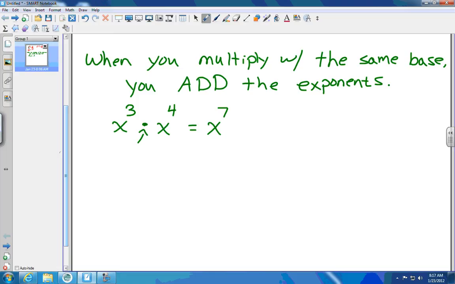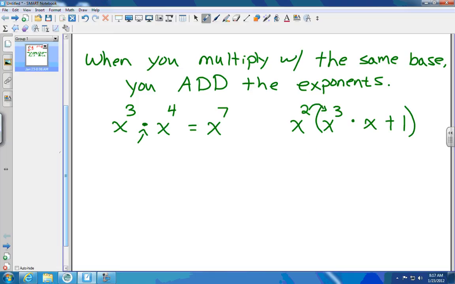Now this is a very simple example here. You can see that x to the third times x to the fourth, but it works the same if you were distributing that in there. What operation do you do when you distribute? Multiply. So you're still multiplying with the same base. So when you multiply x squared times x to the third, what would you have?